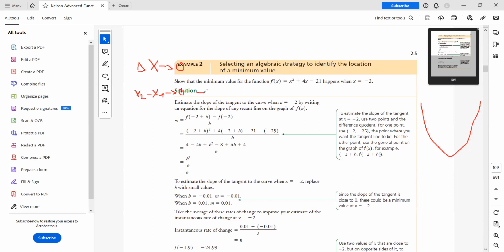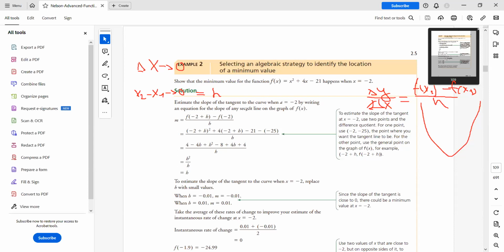And let's call this extremely small number h, okay? So basically in our delta y over delta x function, we replace delta x with h. So what do we get? On top we get f of x2 minus f of x1, divided by h, this very small number, right?